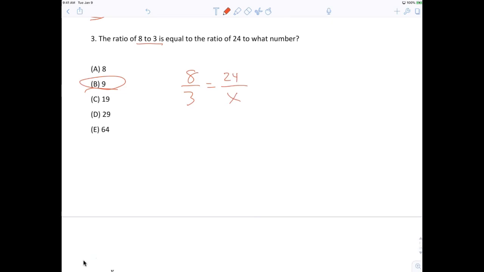Exactly, because why? That's right. You multiply this by 3, so you're supposed to multiply that by 3. These are supposed to be really good review problems, and hopefully I'm teaching you something if you don't know something. All right, is everybody okay with this? I'm pretty happy with that.